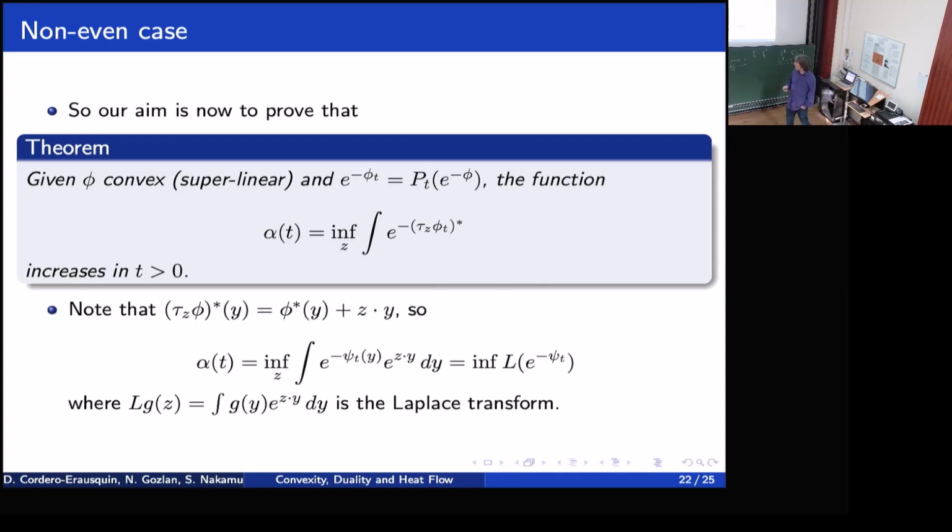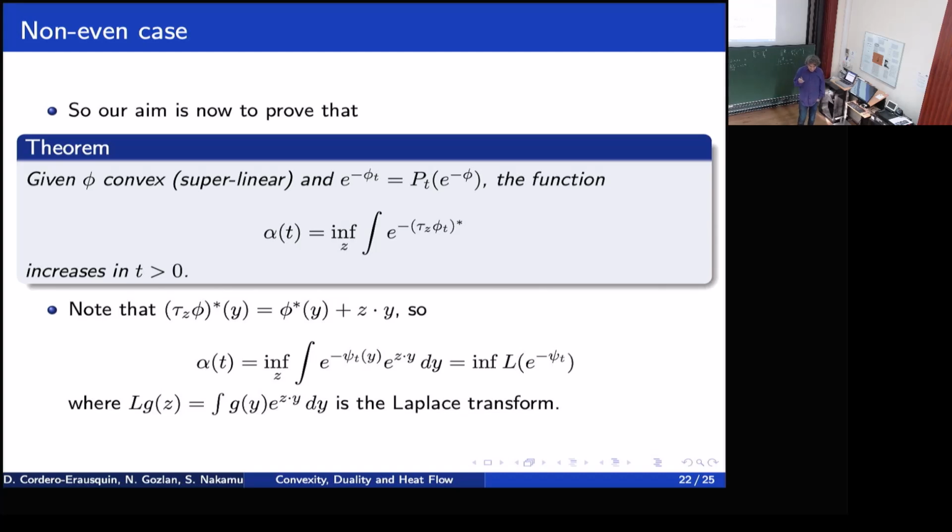So the first thing is to rewrite this infimum, because the action of translating phi means adding a linear term in the Legendre transform. So when you look at this exponential of minus the translated phi_t, what you really get is an extra exponential here.